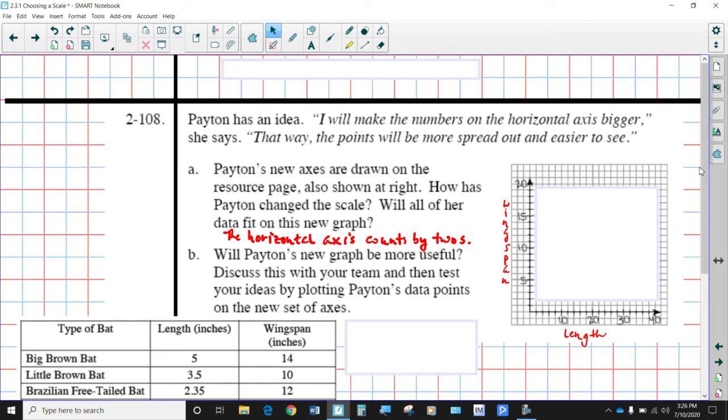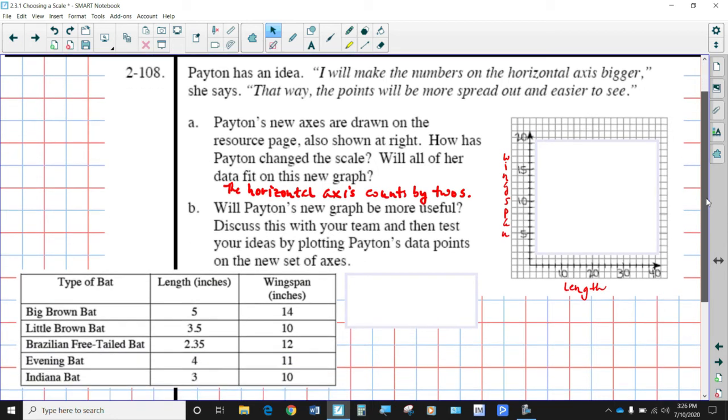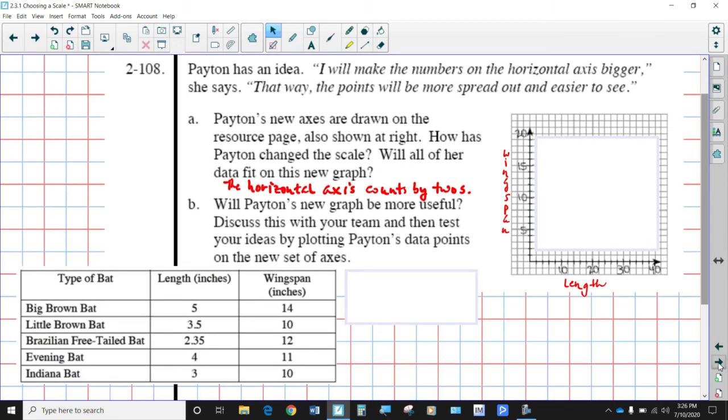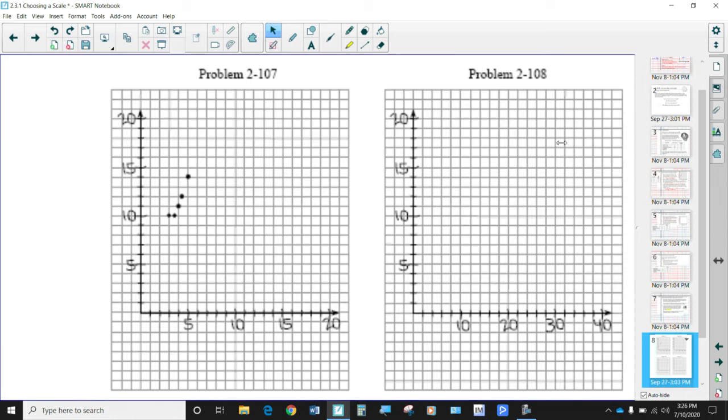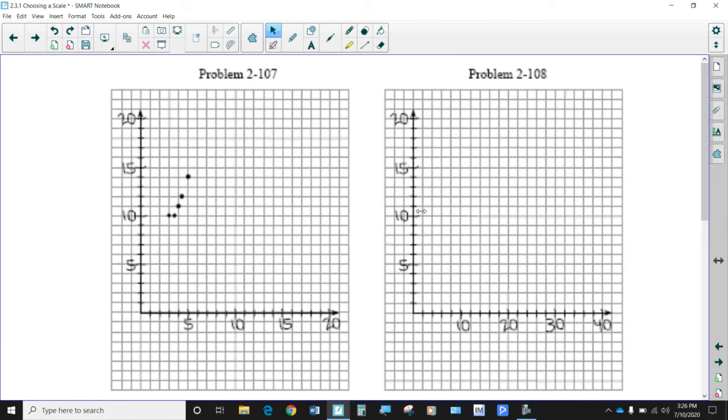Okay, so now what you need to do is if you've got the resource page, you can use the next graph over for problem 108. And I believe the scaling should already be in there. Let me actually go check that. Yeah, so you can just use this one right here. You don't have to worry about creating a new graph.